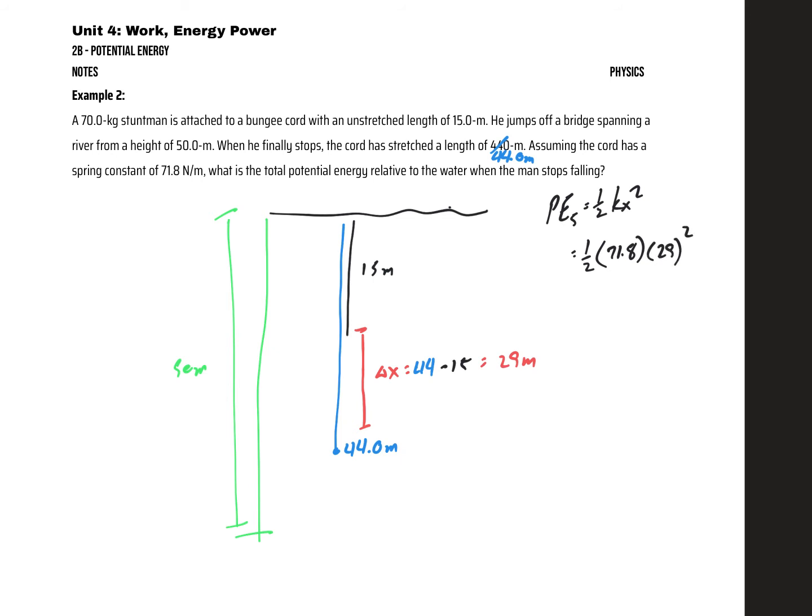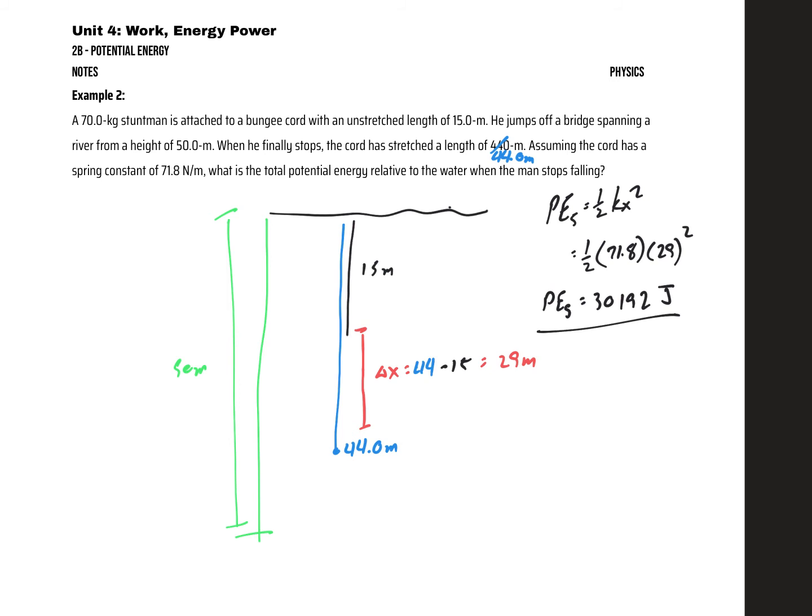So the potential energy in the spring is 0.5 times 71.8 times 29 squared. We should get a potential energy value of 30,191 or 192, rounding up a little bit, joules worth of energy from the spring right there.